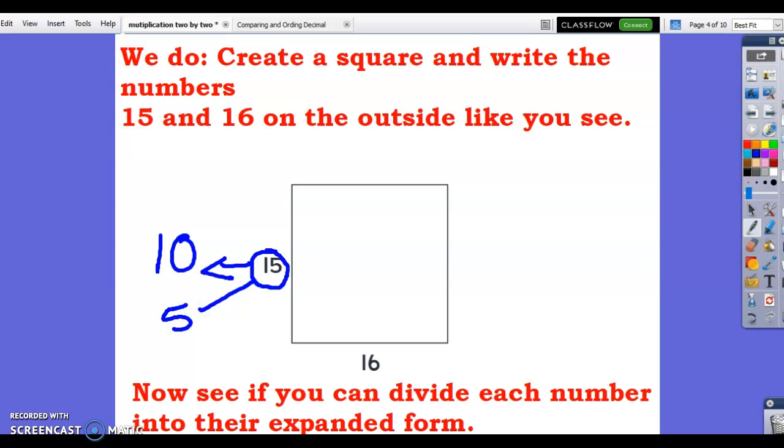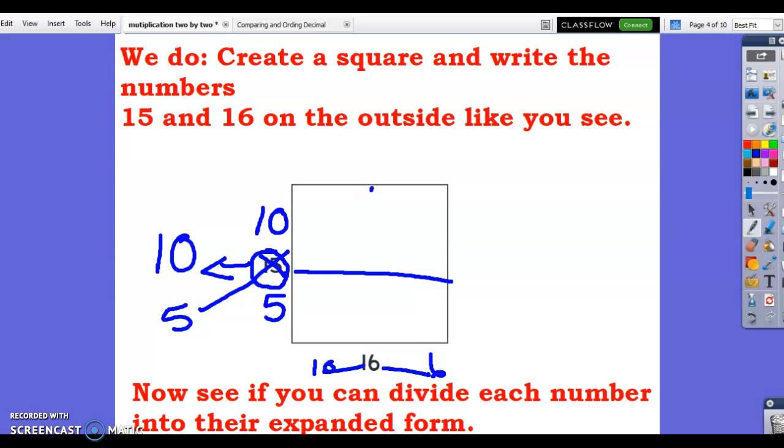So on the outside, we are going to split up our square into a 10 and a 5, creating the values of that 15. And then if you have your 16 and you're thinking, okay, so that is created by one set of 10s and 6 ones.